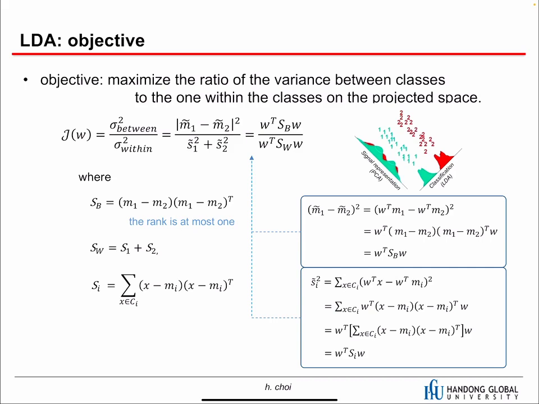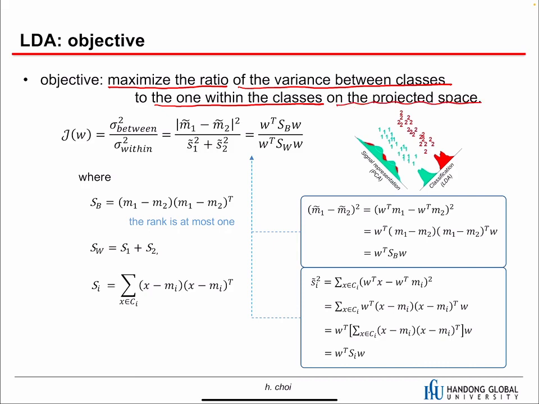Now we want to define the objective function for LDA. In the objective function, we want to maximize the ratio of the variance between classes to the variance within the classes on the projected space. In PCA, we try to maximize the variance between the samples on the projected space. So this part is the same.